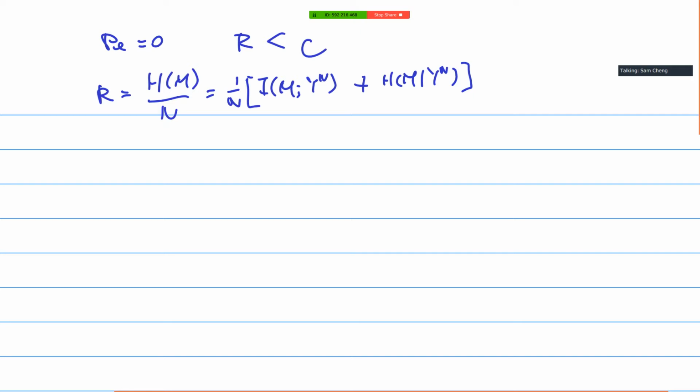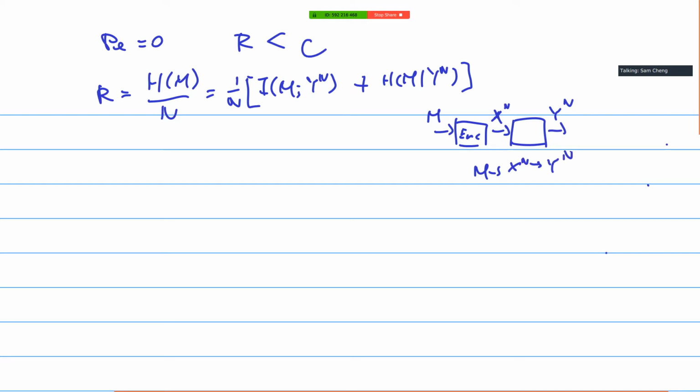Data processing inequality, yes. Because we have a Markov chain: M, the message coming in, goes through an encoder, and then we have X^n, the encoder output, which goes through a channel, and Y^n is the output of the channel. So we have a Markov chain M, X^n, Y^n.